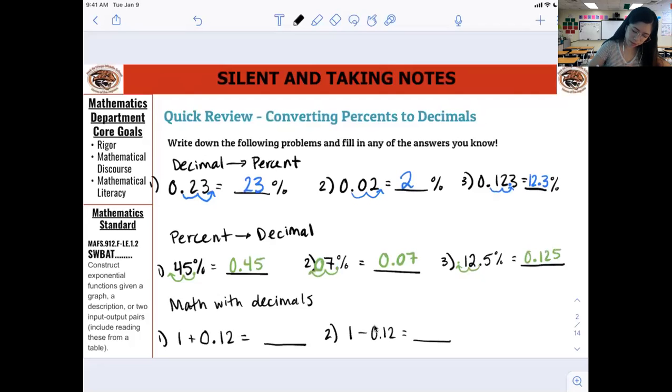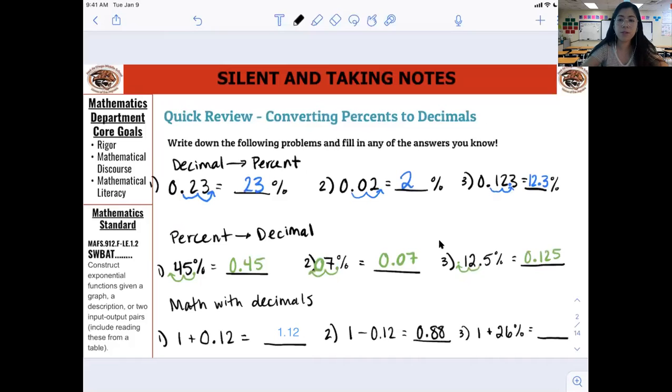And finally, what is 1 plus 26%? So, thank you, Juan. The first one, 1 plus 0.12, is 1.12. We just add that together. Now, what would be 1 minus 0.12? 0.88. Good.